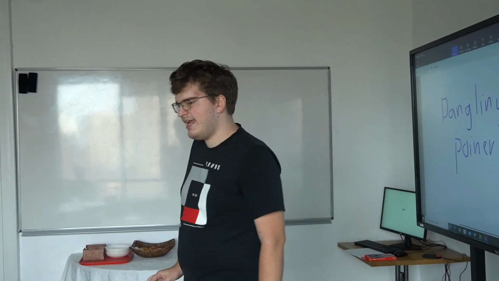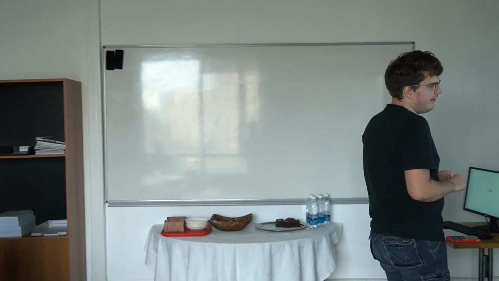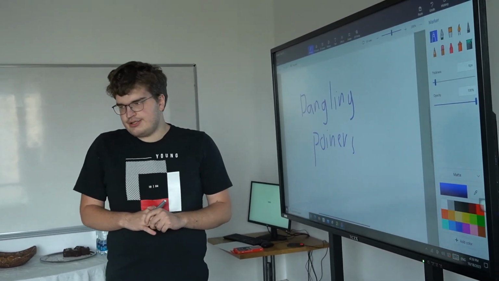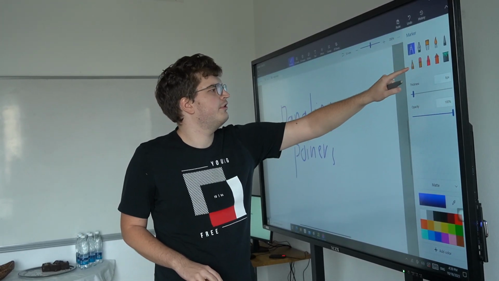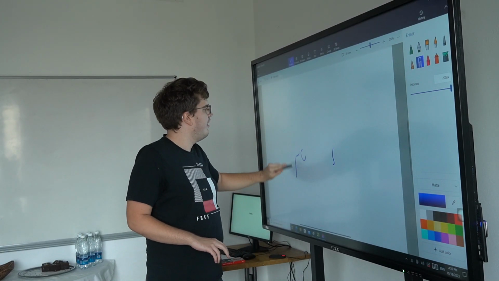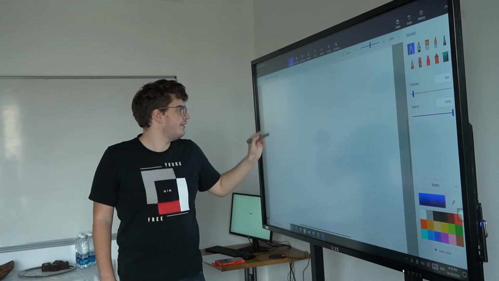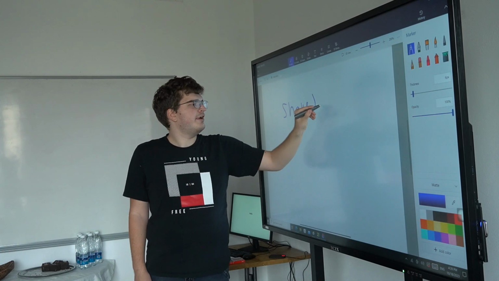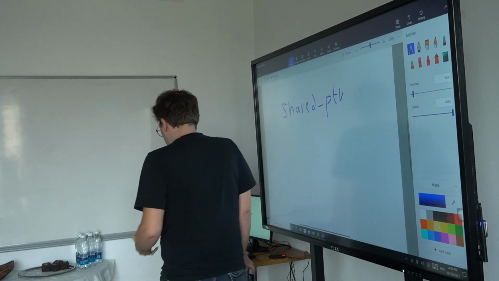But why are they smart? Well, the thing is that they actually do all this destruction and figuring out deletion by themselves, but how? Let me introduce you to shared pointer. It's a feature of C++11 or later, shared_ptr. So what's a shared pointer? A shared pointer is a very easy idea.